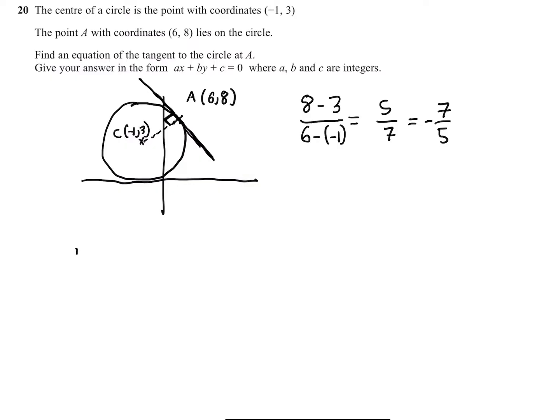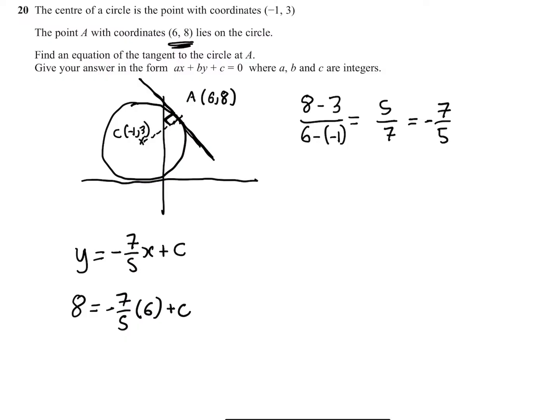Now we have an equation of a line. y equals minus 7 over 5x plus c. All we need to do is find c. How can we find it? Well, we know the point A will be on the tangent. So we can just substitute the coordinates of A into this equation. So put in 8 as y and 6 as x. We have this.